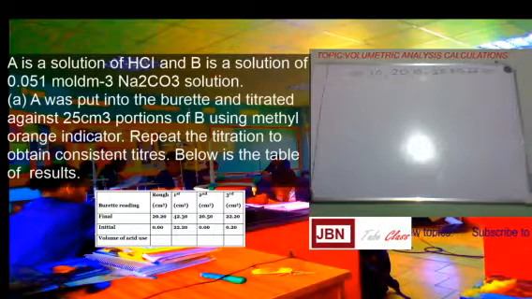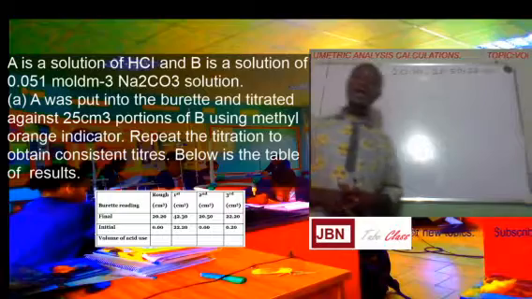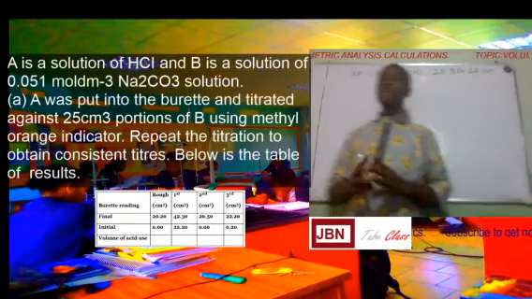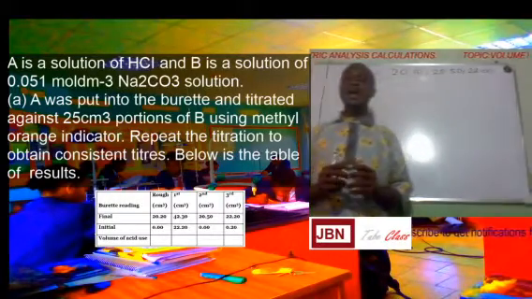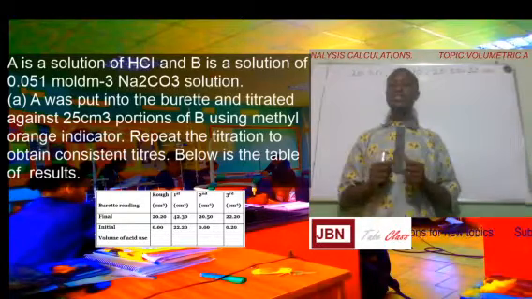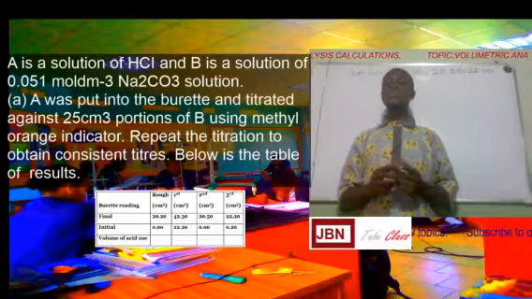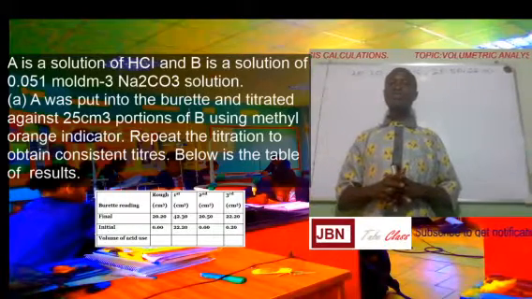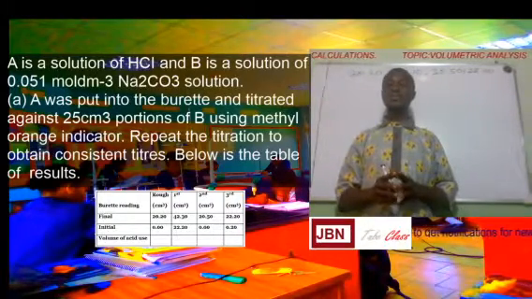First, we are going to use it to calculate the average volume of the acid used. For you to calculate the average volume of the acid used, you need to make use of concordant values.